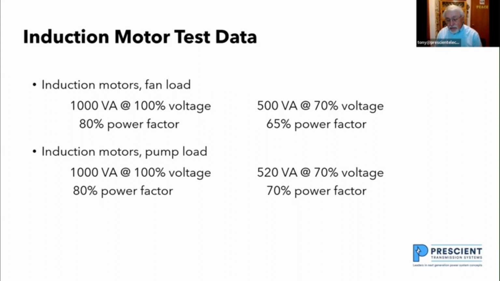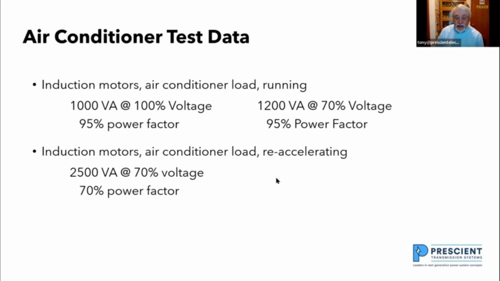So we took pumps. We did some tests with pumps. We had 1,000 volt amps at 100% voltage and 80% power factor. When we dropped the voltage to 70%, we got 520 volt amps and 70% power factor. And then we did some air conditioning tests.